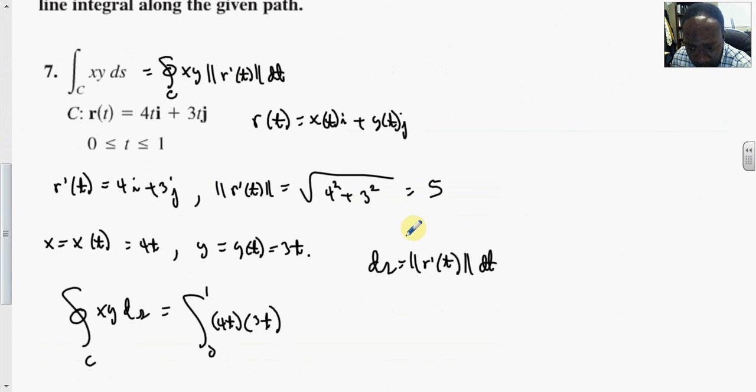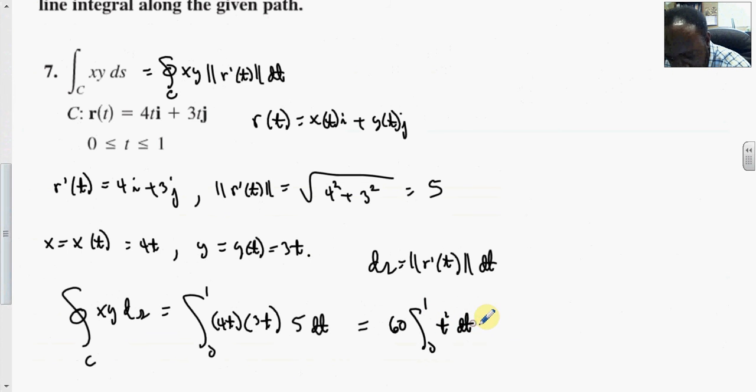Well, we have the norm of r prime, that's 5, then here times dt. So we get 60 times the integral from 0 to 1 of t squared dt.